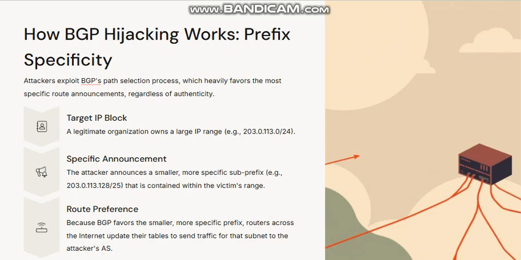Because the attacker's prefix is more precise, BGP will redirect all of that traffic to the attacker's prefix. This is how attackers redirect traffic globally with just a simple announcement.